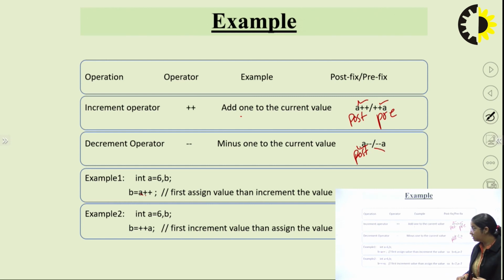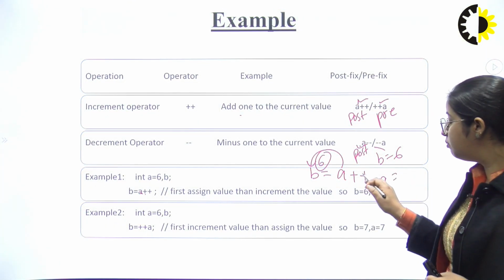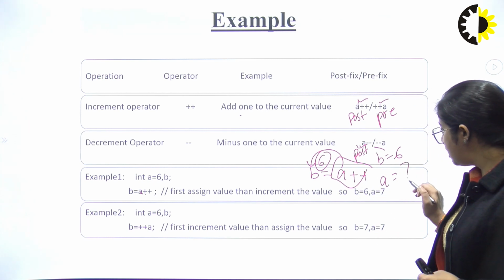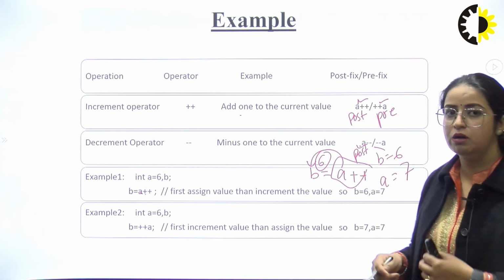So with B equals A plus plus, it first assigns the value of A into B. What is the value of A? 6. Now 6 is assigned into B. When you print the value of B, it becomes 6, and when you print the value of A, it becomes 7. Why? Because after assigning the value, it increments by 1.